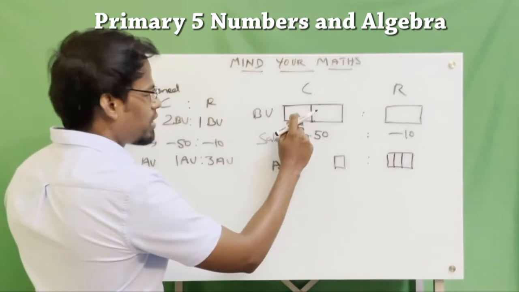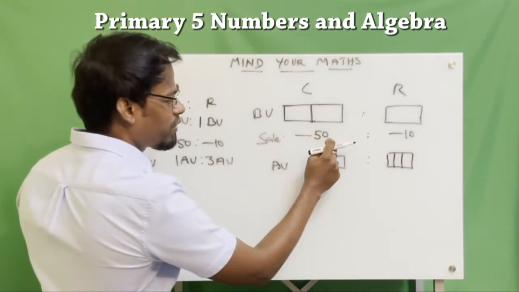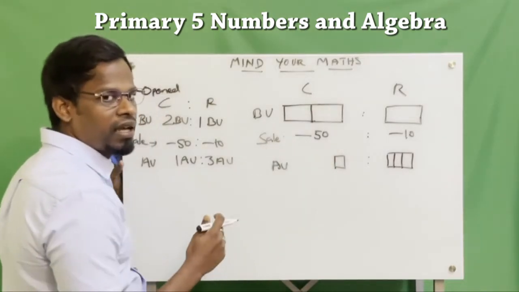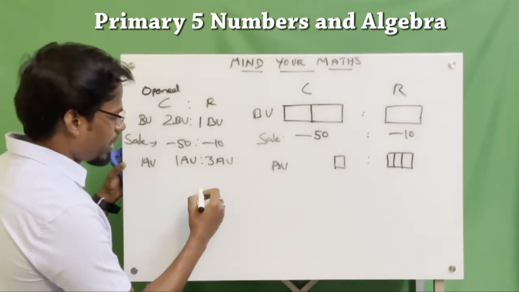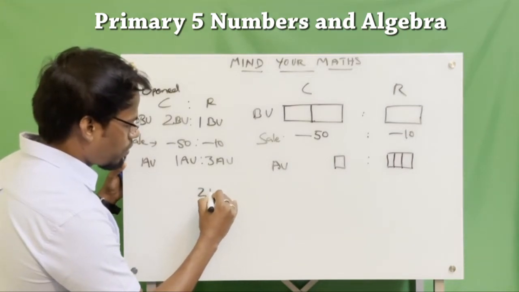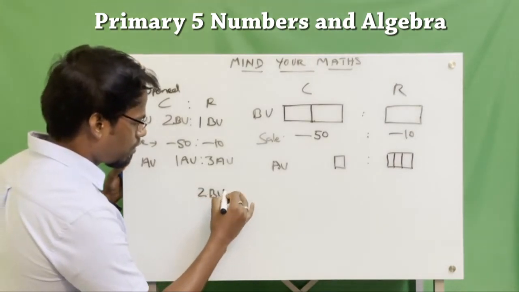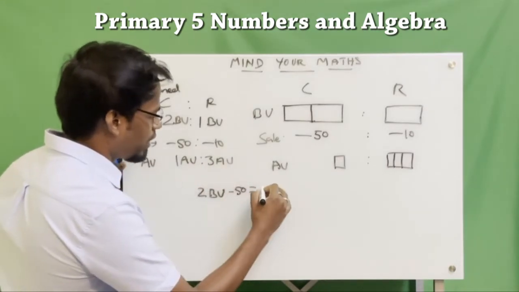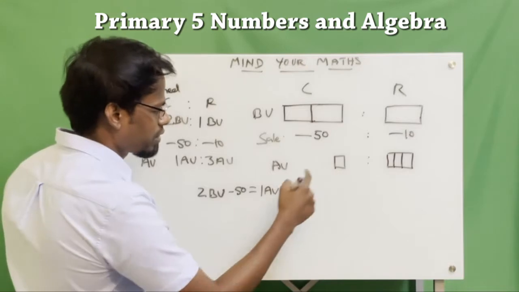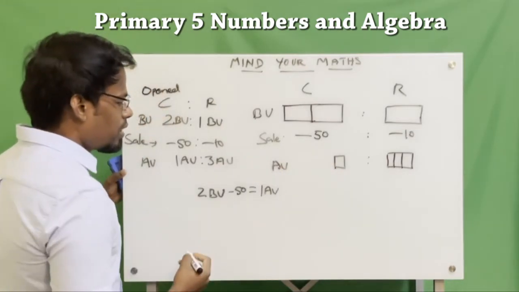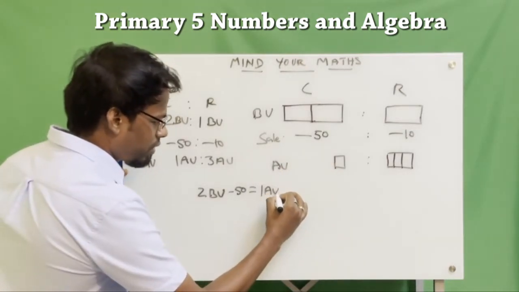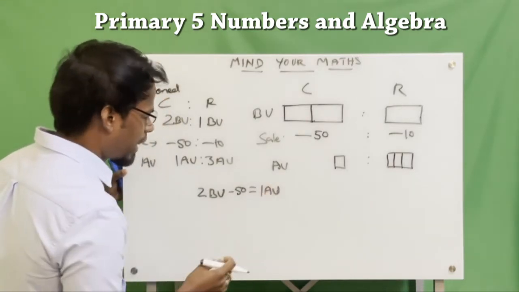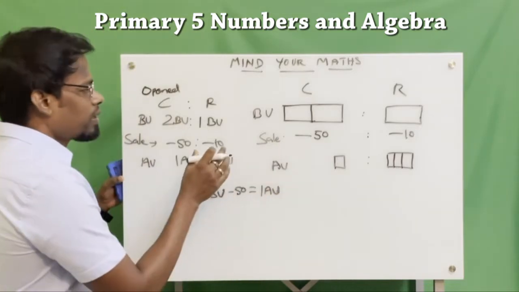Let's write it as an equation: 2 BU minus 50 equals 1 AU, 1 after unit. This looks like V, but this is U, guys. Sorry for the handwriting.